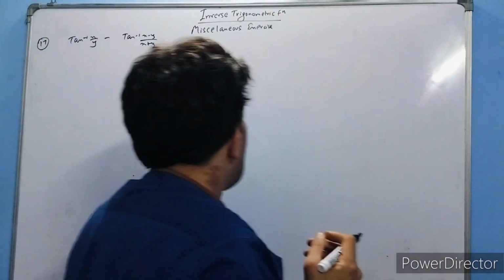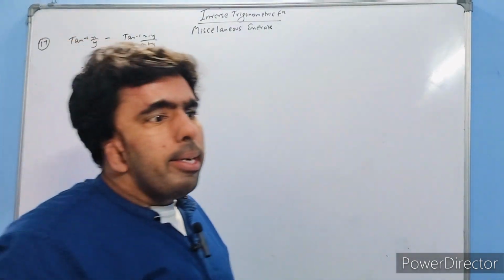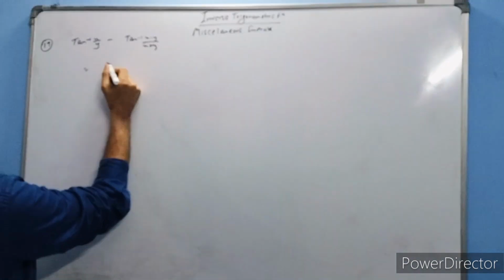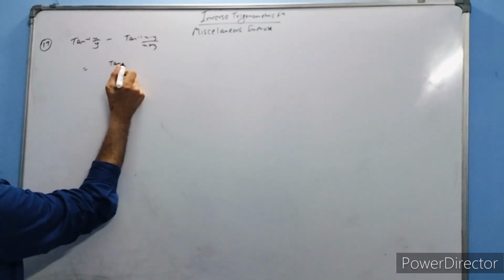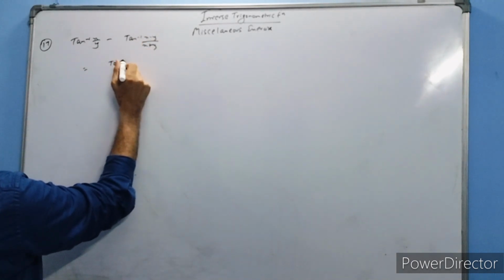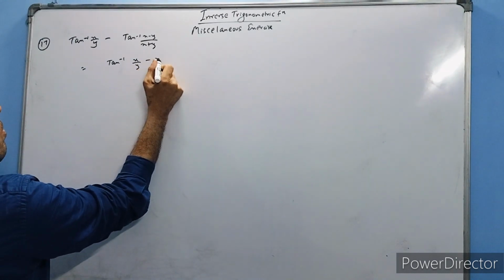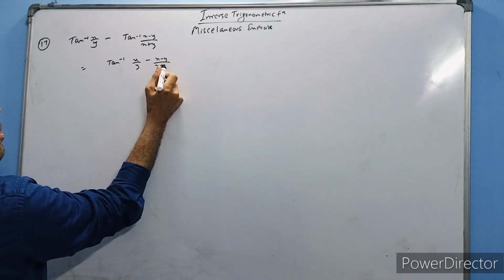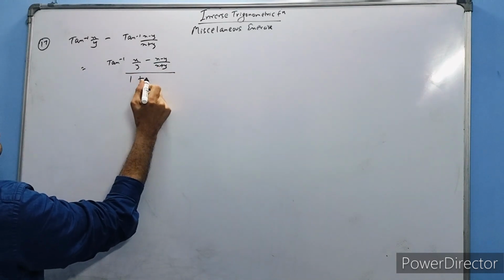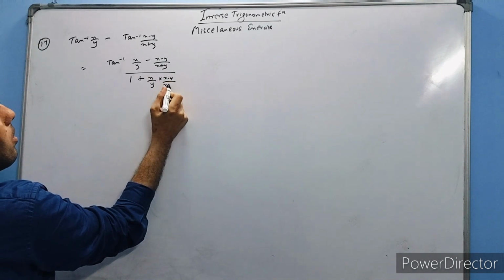Okay, so we'll apply the formula here, that is tan inverse x minus tan inverse y will be tan inverse x minus y upon 1 plus xy. So we'll have tan inverse x minus y upon 1 plus this y.